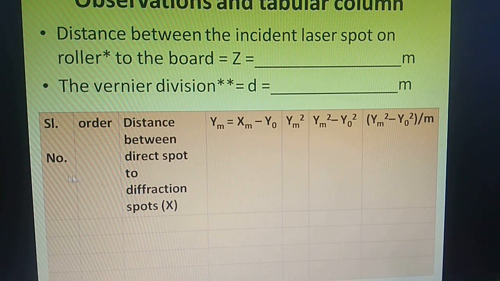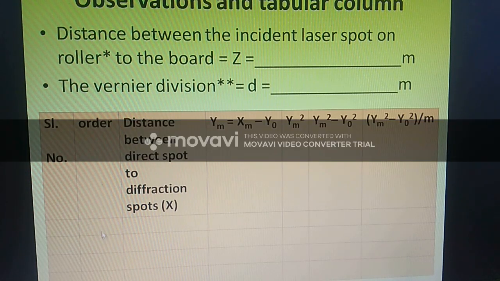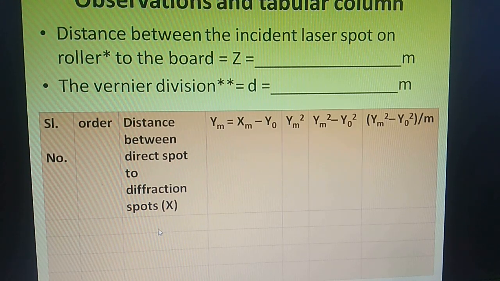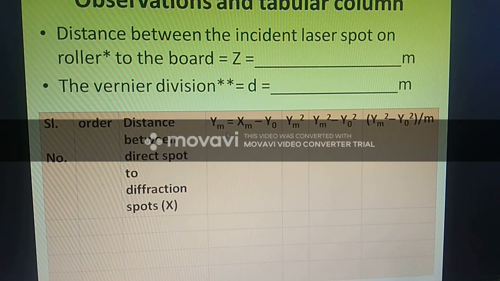Then the serial number, order: 0th order, 1, 2, 3, 4, 5, 6, 7 we put here, and the distance x between the direct spot and the diffraction spot. Direct spot to x0, direct spot to x1, the first order, second order, like that we measure. Then we calculate y0, y1, y2. m is equal to 0, 1, 2, 3, 4.